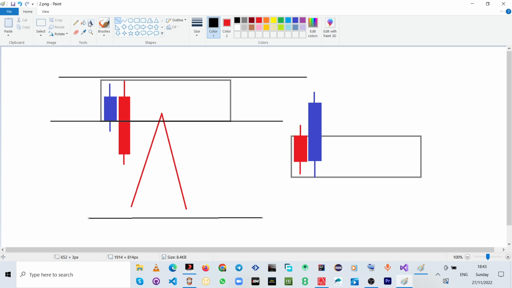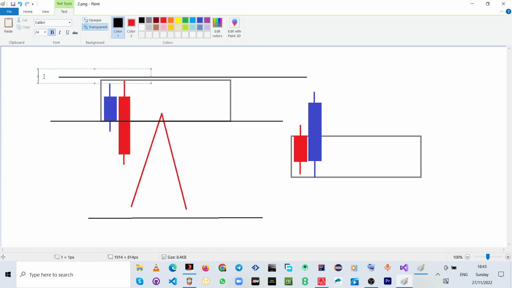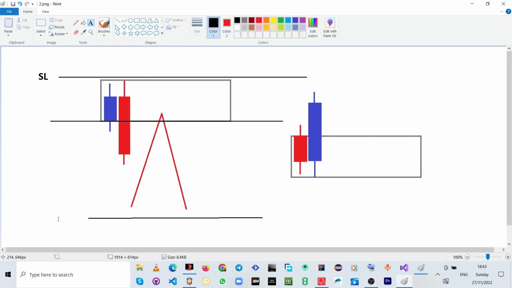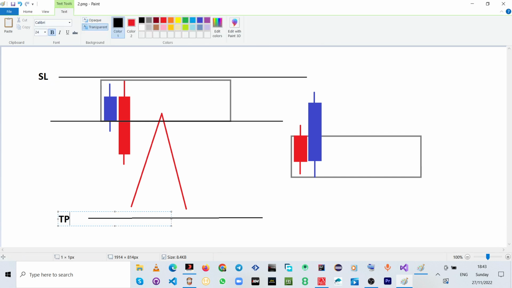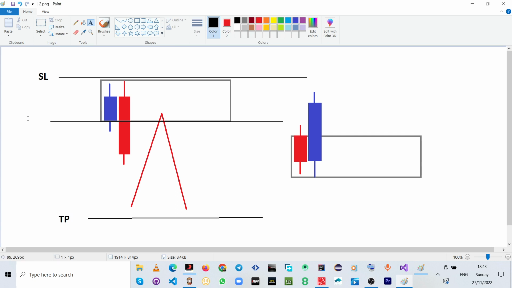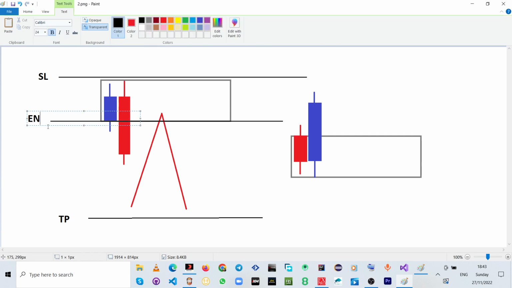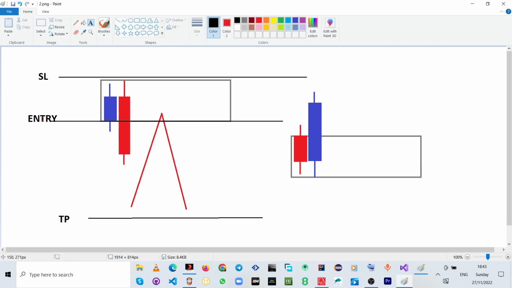So your stop loss will be right here, then your take profit will be right here, TP, and your entry will be right there. So that's how it will be, guys.